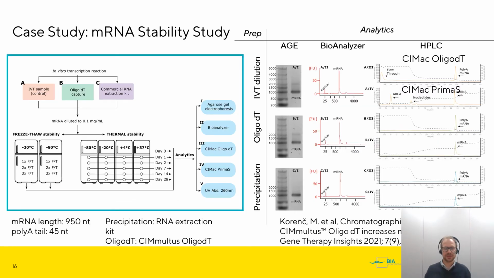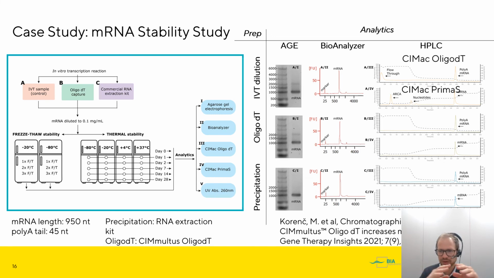And finally, I would like to tie all this information together, so how we prep the RNA, how we analyze it, into a case study that looks at the quality of the product from the perspective of thermal stability. We have applied affinity purification with CIMmultus oligo DT column on a standard mRNA 1000 nucleotides long, and we compared it to a traditional purification approach, namely precipitation.